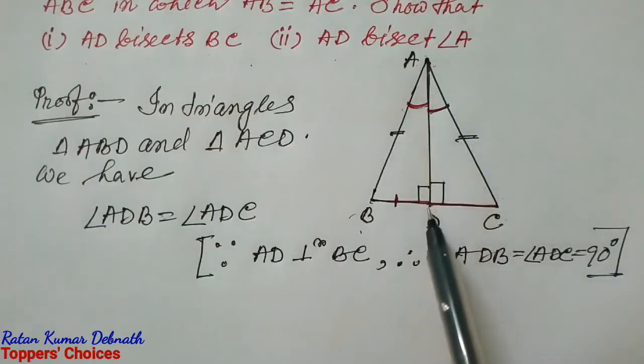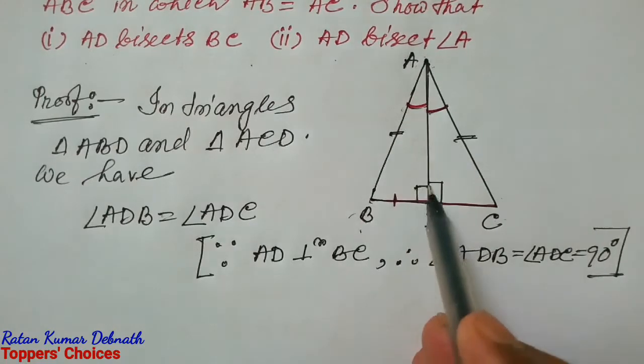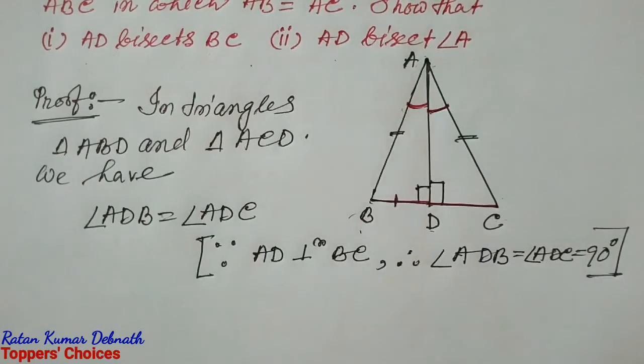Since AD is the altitude, therefore this angle and this angle must be 90 degrees.